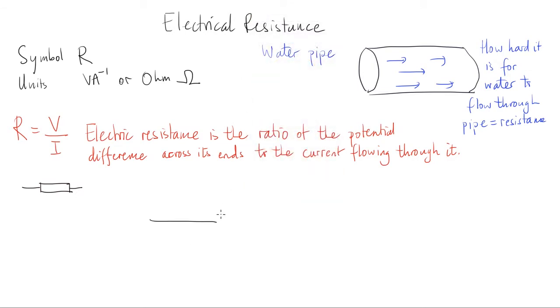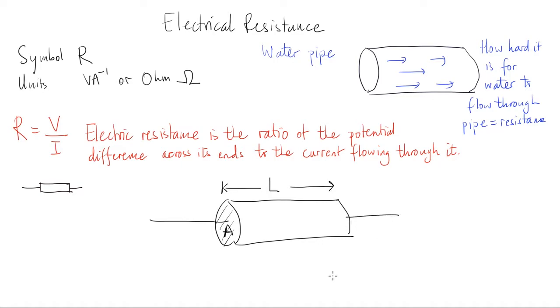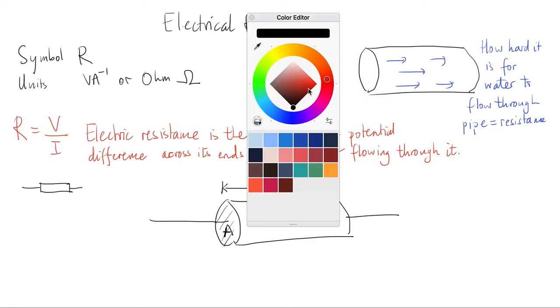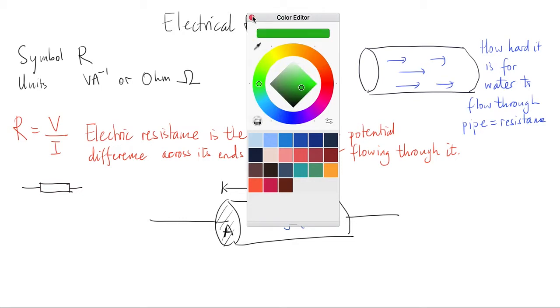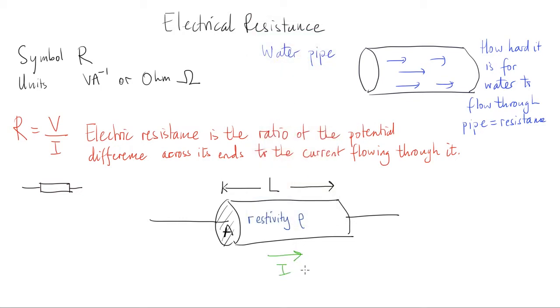So let's imagine we have a resistor whose cross-sectional area is big A, and whose length is capital L, and it's made up of some conductor which has a property called resistivity, which has the Greek letter rho, and we have a current I passing through this.